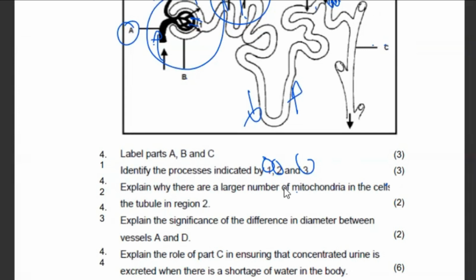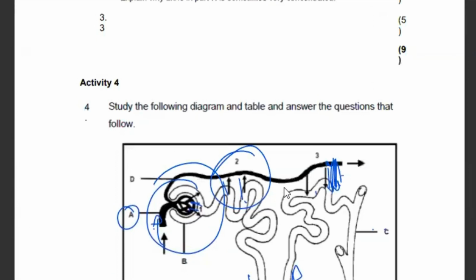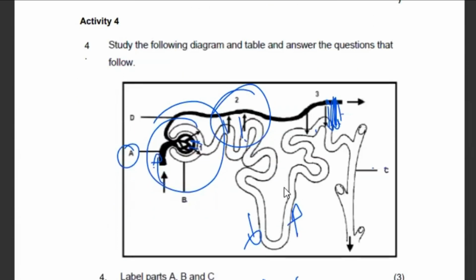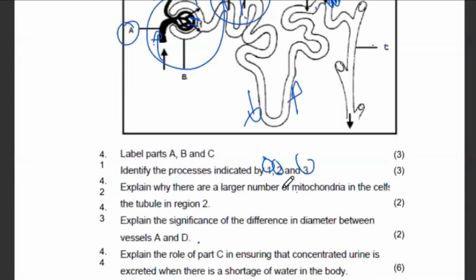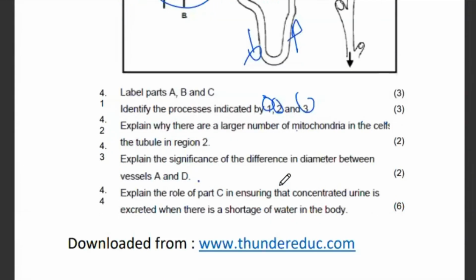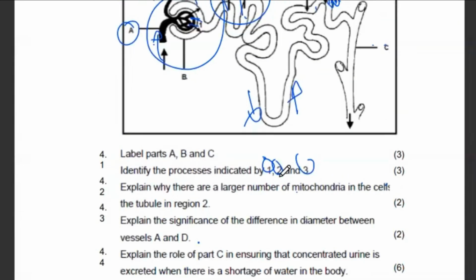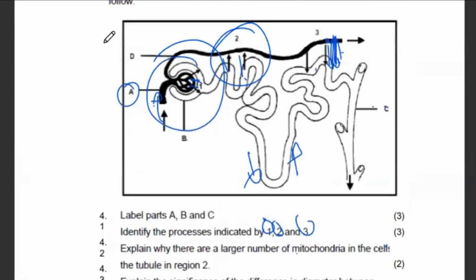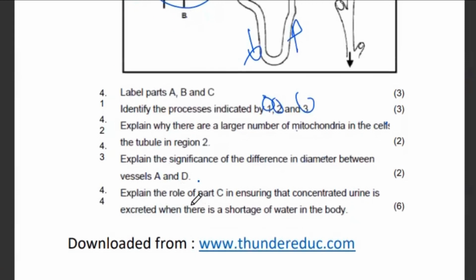They are saying, explain the significance of the difference in the diameter between vessel A and D. So basically here, vessel A and D. What is the significance?